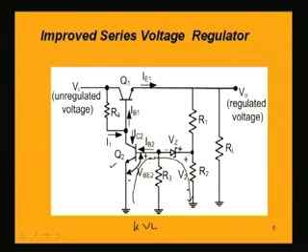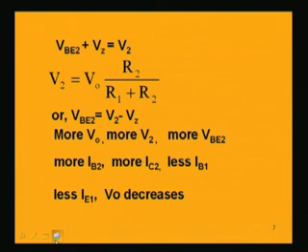So VBE2 plus Vz minus V2 equal to 0. That means we can write VBE2 plus Vz equal to V2. V2 is nothing but the voltage available across the resistance R2, which is V0 into R2 by R1 plus R2. So we can simplify by writing VBE2 equal to V2 minus Vz.